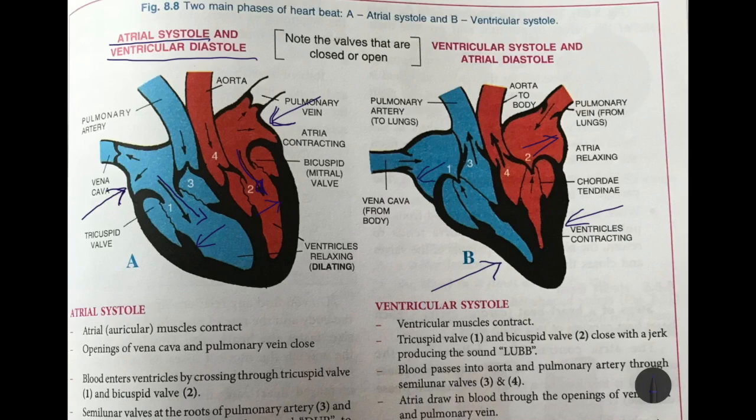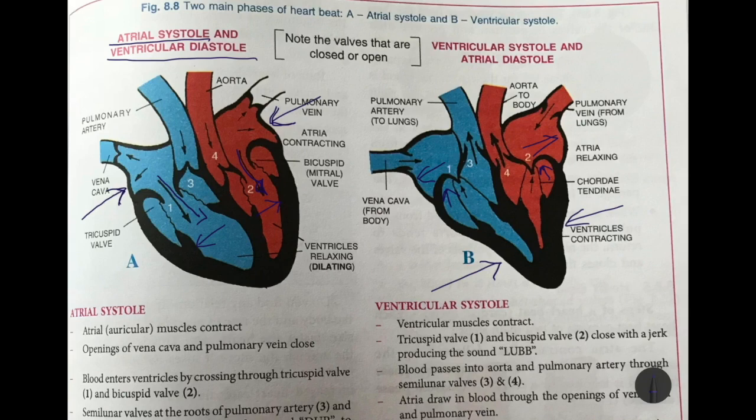So the blood from the ventricles under pressure wants to go back into the auricles, but again, here there are the valves, the tricuspid and the bicuspid valve, which get tightened and close the passage and do not allow the backflow of blood into the auricles. Okay, so what happens is the chordae tendineae hold the flaps of the valves and do not allow the blood to go back into the auricles.